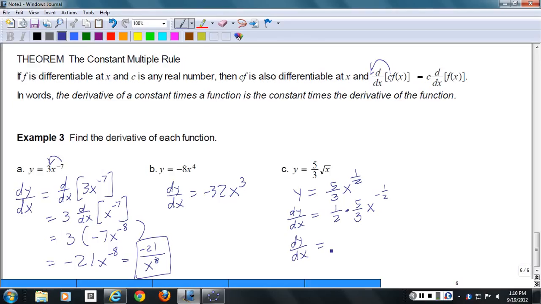Yeah. A lot going on here. Probably I should say 5/6 x to the negative 1/2, and then say that's 5 over 6x to the positive 1/2. And while I'm at it, 5 over 6 times the square root of x. This would give us an expression for the derivative of this function.